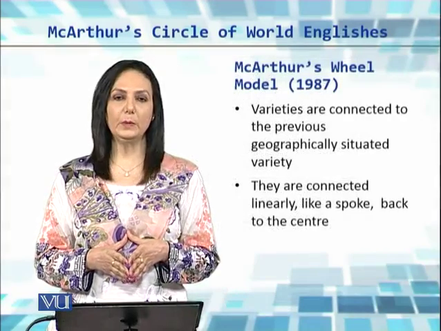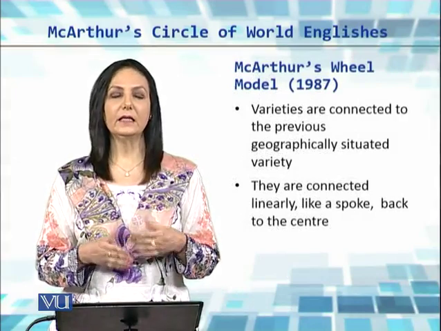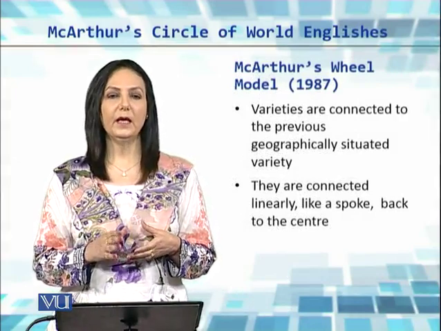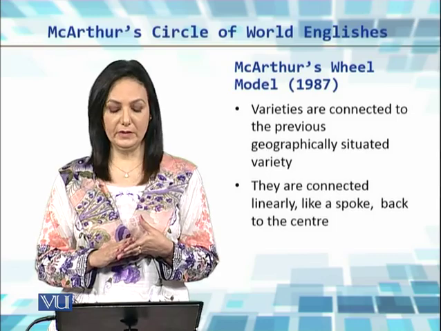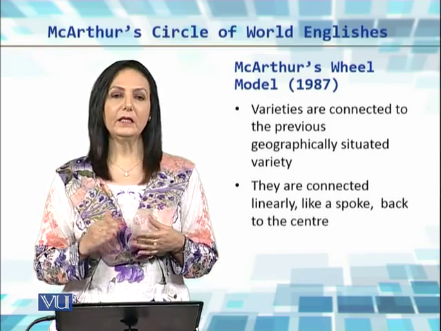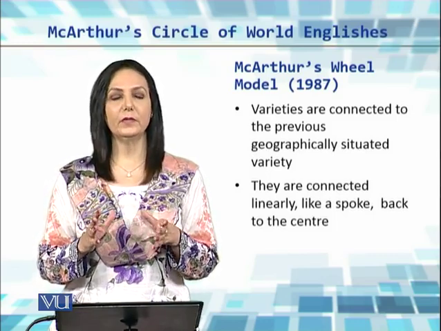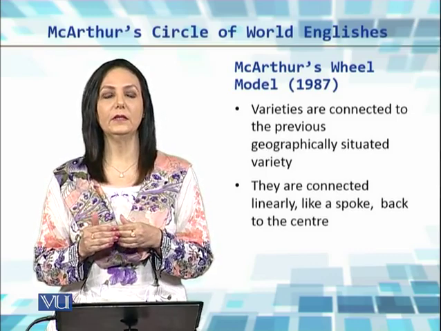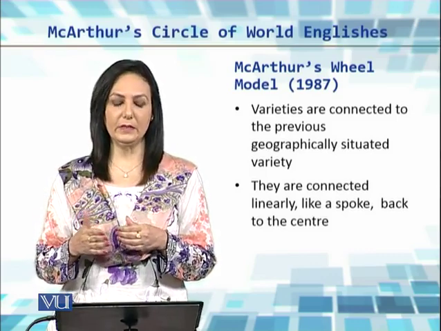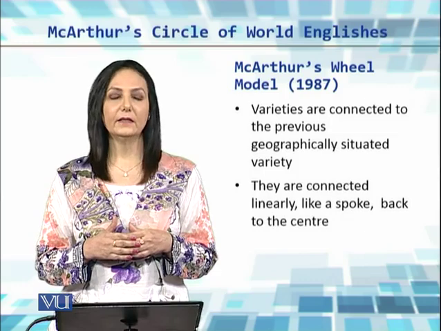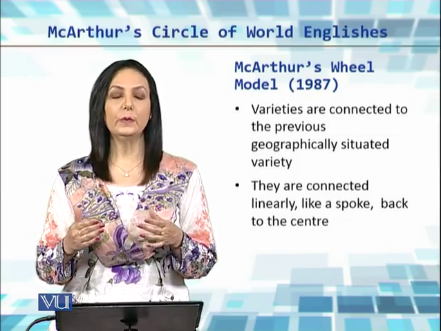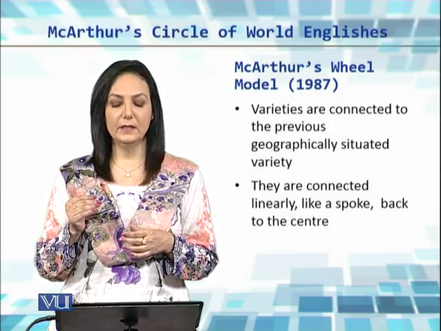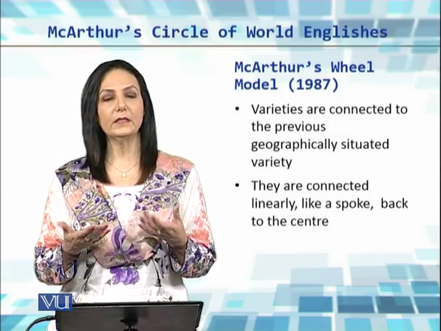So MacArthur's wheel model divides the English-speaking world into 8 different geographical regions, and each variety which is found in one region is connected with the next geographically situated variety, and then these varieties are shown to be linearly connected with the center, which is the world standard English.